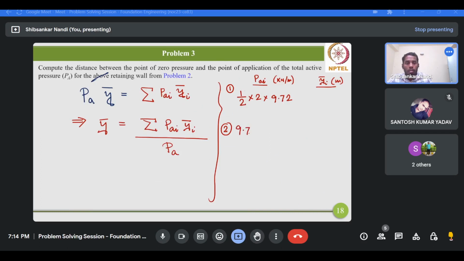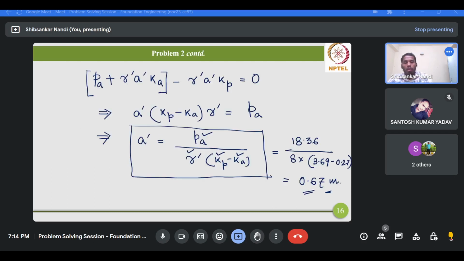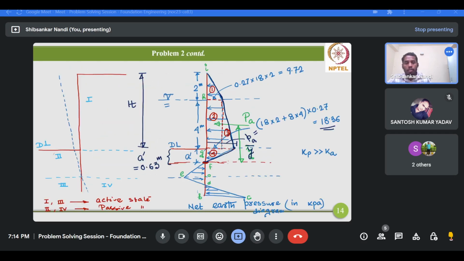Then coming to triangle, which is marked as 3, this total is basically 18.36. Now out of this 18.36, this part is 9.72. So the remaining part is 18.36 minus 9.72, multiplied by 4, multiplied by half.